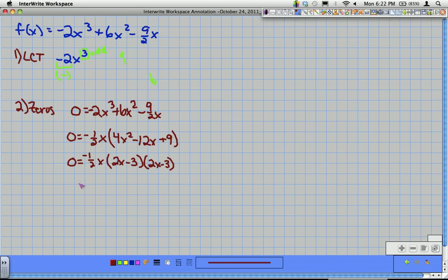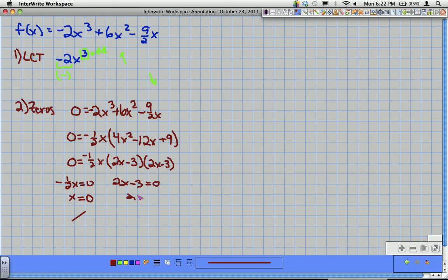So if I set these up, negative 1/2 x equals 0, and I can multiply both sides by negative 2, and I'm still going to get x equals 0. Since it's a multiplicity of 1, it's just going to go straight through at x equals 0. And over here I can do 2x minus 3, and I don't have to do it more than once, it's going to be the same answer both times.